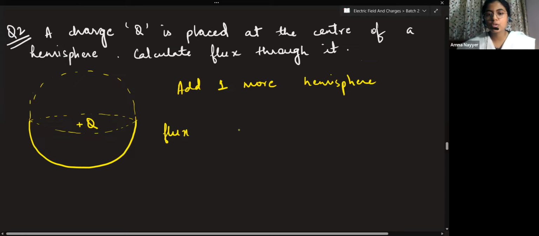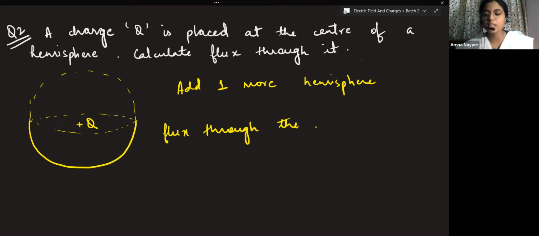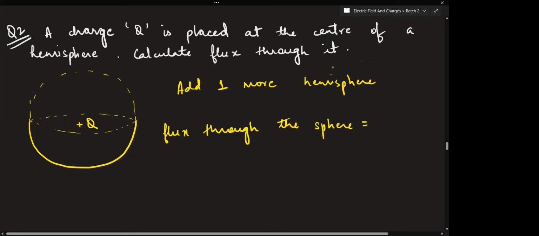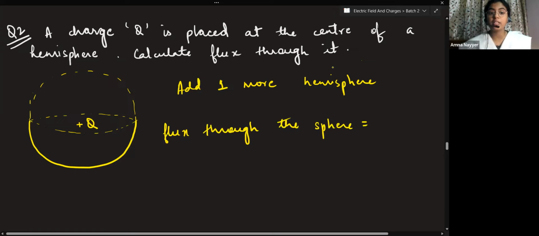What will be the flux through the sphere? Q by epsilon naught. Yes, so all those answers that you all have given, that is flux through the whole sphere. That is not through the hemisphere. So flux through the whole sphere will be Q by epsilon naught.